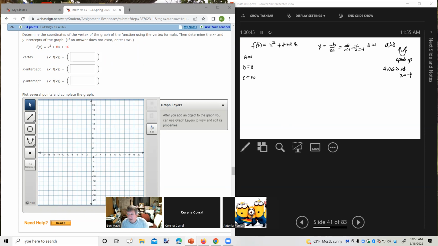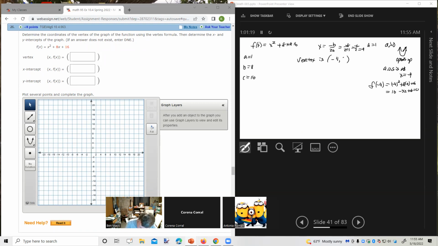I needed to find the x value of the vertex anyway, so you actually have to find the axis of symmetry on the way to getting the vertex. Now the vertex is -4, comma, f of -4, which is -4 the quantity squared plus 8 times -4 plus 16. -4 squared is 16, and then minus 32 plus 16 is 0.